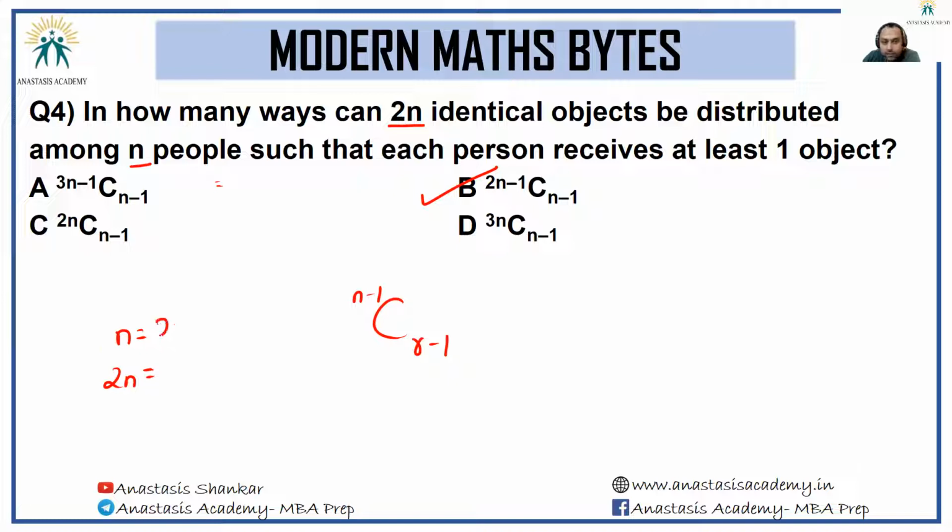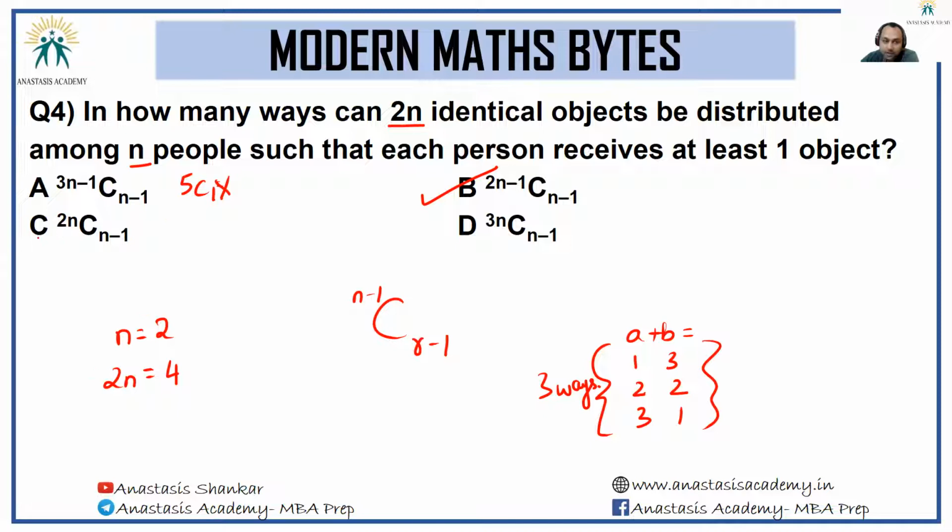If we had n equal to 2, so 2n will be equal to 4. You have to give them 4 items, and everybody has to receive either 1 and 3, or 2 and 2, or 3 and 1. There are 3 ways. So let's see, 3n minus 1, 5C1.